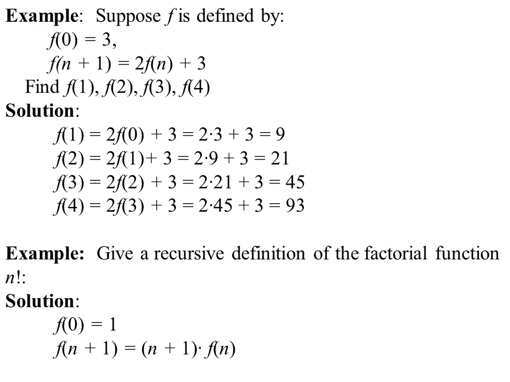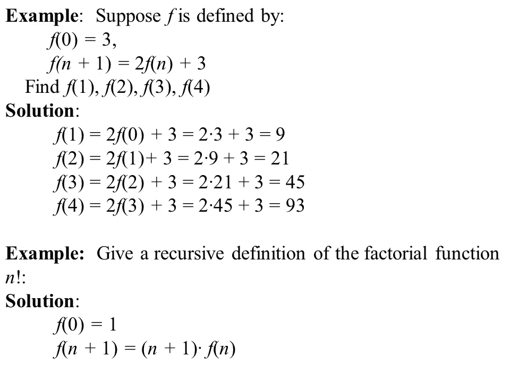Now we have to find f of 1, f of 2, f of 3 and f of 4. For f of 1, it is equal to 2 into f of 0 plus 3. The f of 0 value we have from the basis step, which is 3. You substitute here, 2 into 3 is 6, plus 3 is equal to 9.